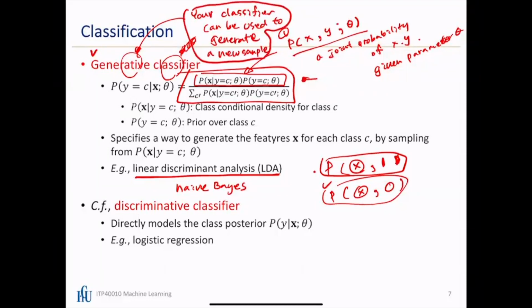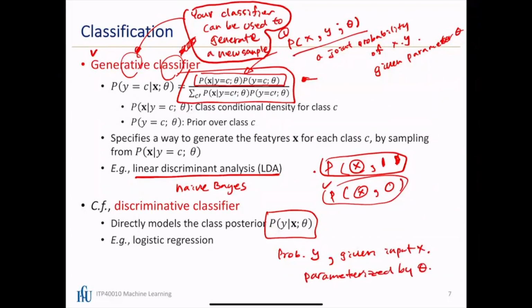On the other hand, there is another class of classifier that is discriminative. In order to make a decision, you eventually want to have this conditional probability, the probability of y, your class label, given your input, parameterized by theta. Eventually the generative classifier tries to do the same.